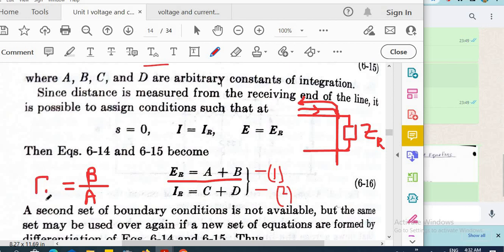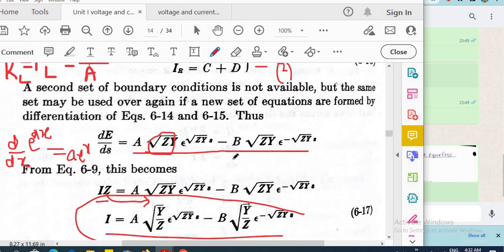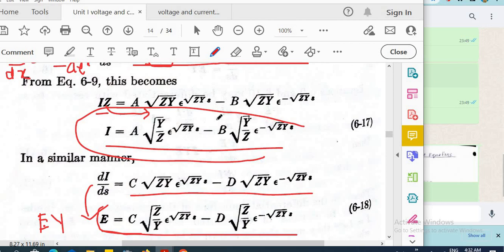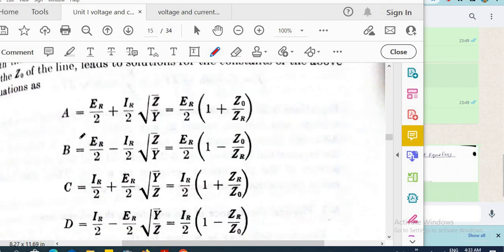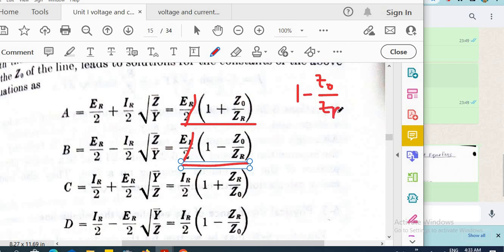We denote it by gamma L, or in some texts by K. If we look at the expressions for B and A and take the ratio B by A, the common terms cancel out and you get 1 minus Z0 by ZR divided by 1 plus Z0 by ZR.